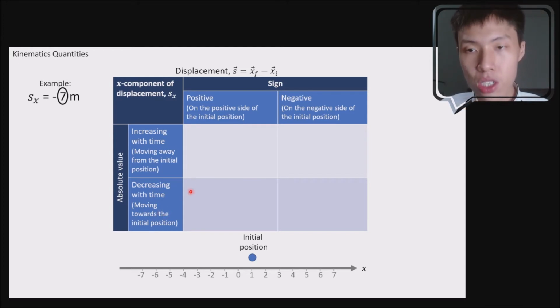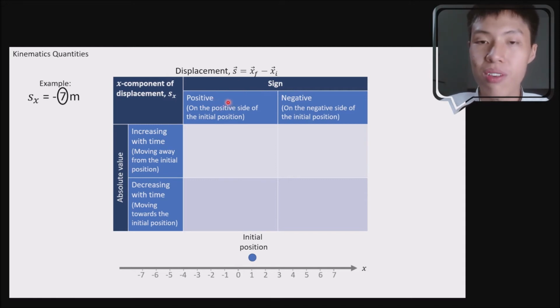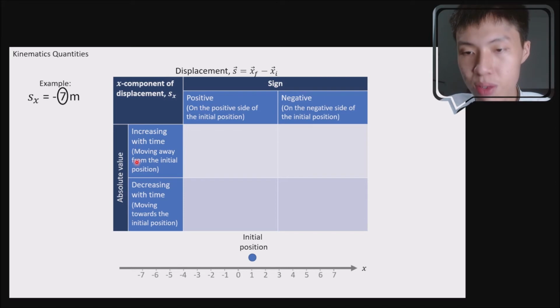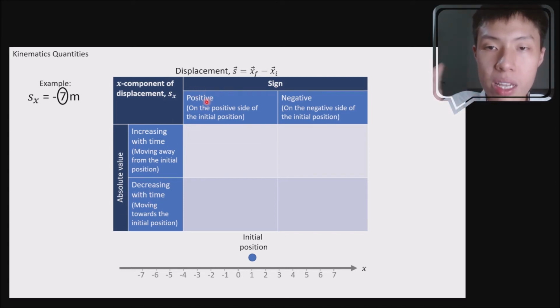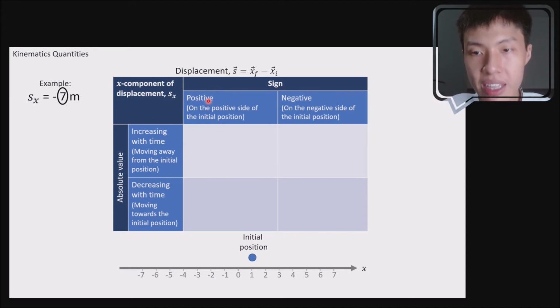Okay, so since we have known the meaning behind positive sign, negative sign, increasing with time and decreasing with time, let's try to study what it means when the displacement is positive and it's increasing with time. If the displacement is positive, it means the displacement is happening towards the right hand side.